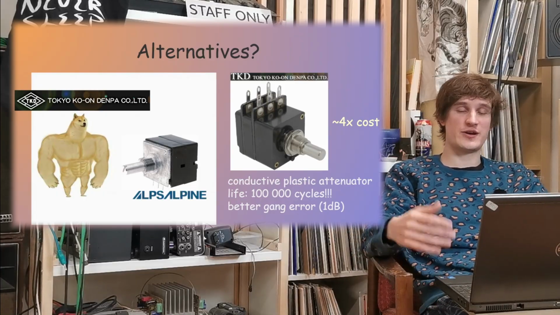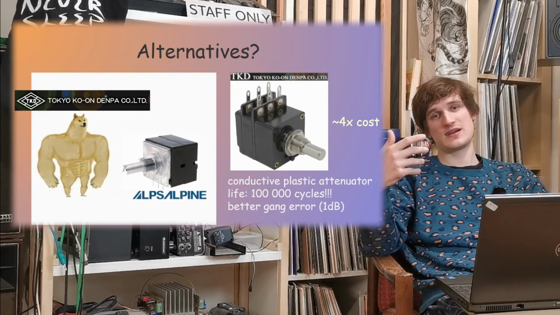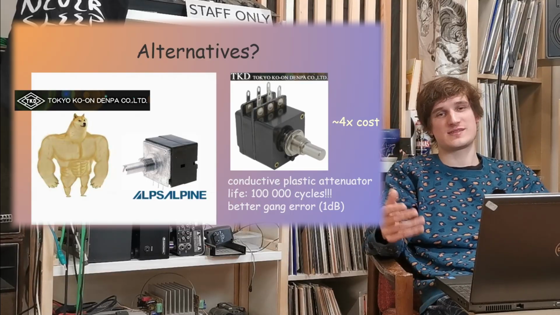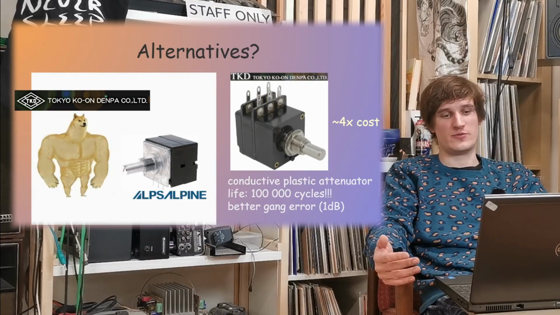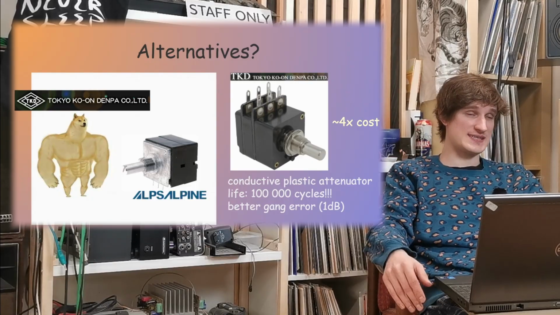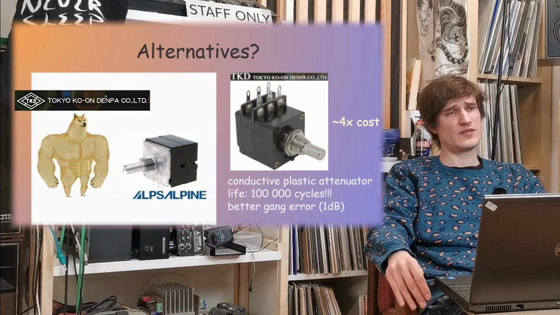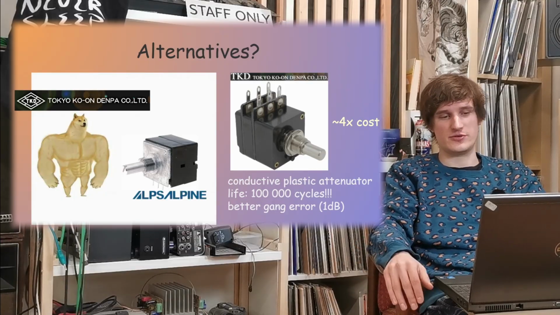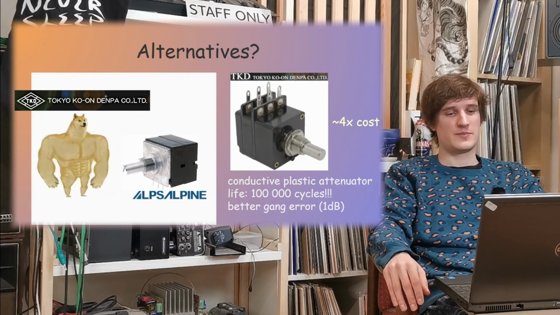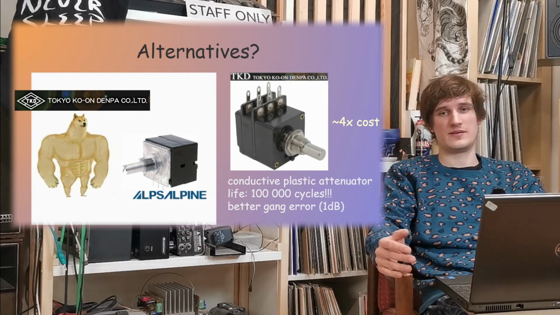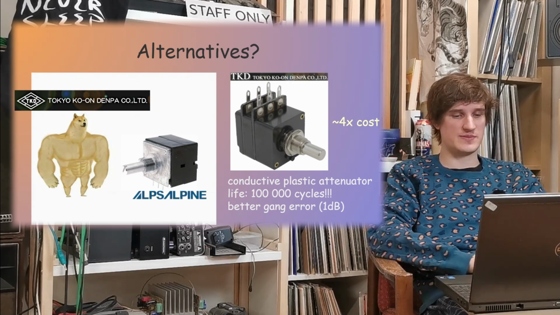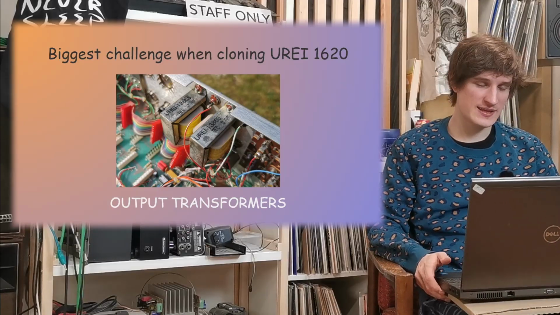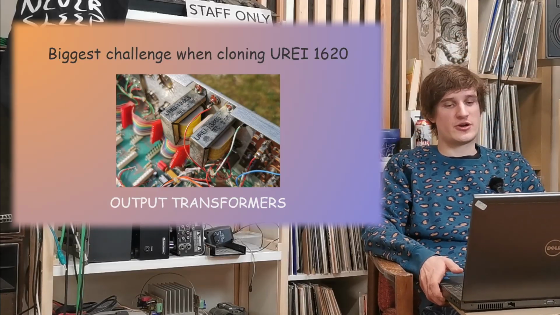So yes, there are some alternatives, but they are just more expensive, and you must just pay the price for better performance. And as I see, I don't know any manufacturer that actually used those TKD potentiometers. All manufacturers still use Alps.